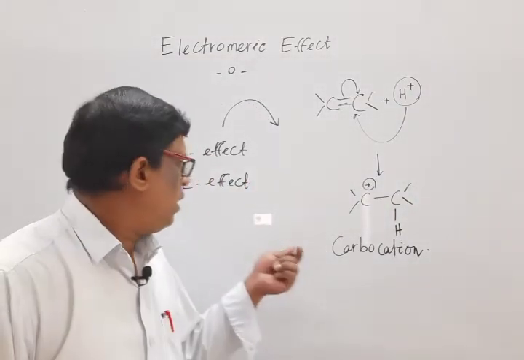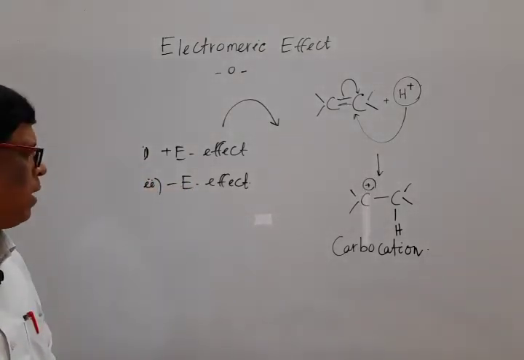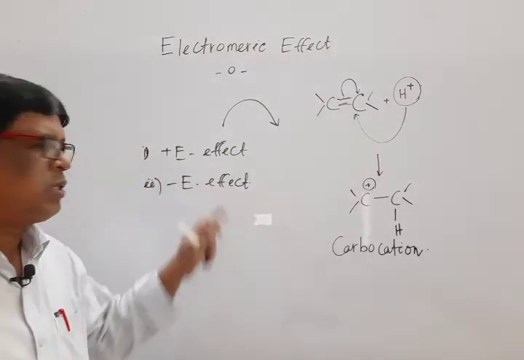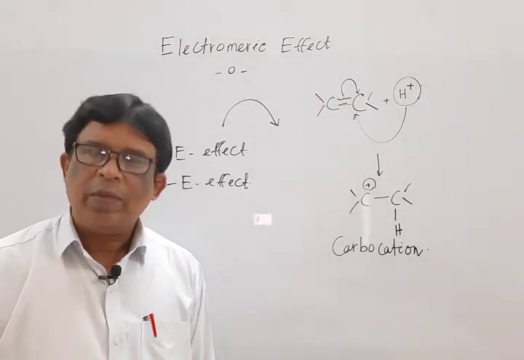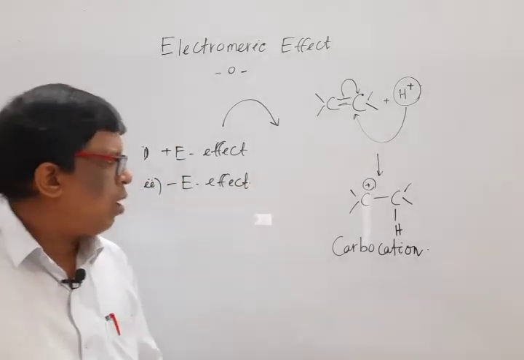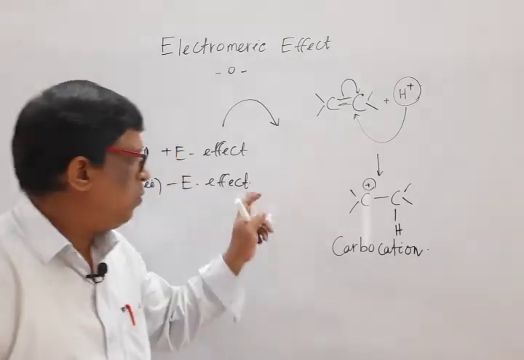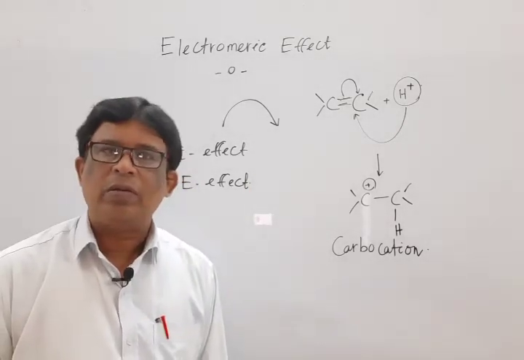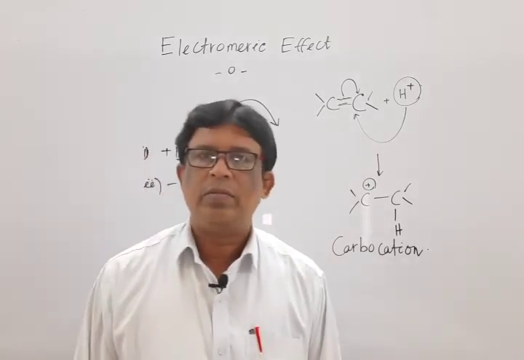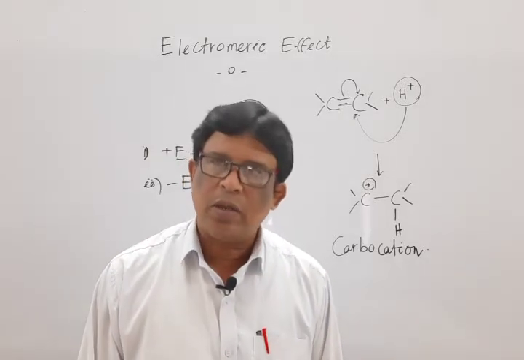Okay, come to the point again. It is of two types: a plus E effect and a minus E effect. First one, what is a plus E effect? That means when, by the approach of an attacking reagent, the pi electron cloud of the multiple bond is transferred to the carbon atom to which the attacking reagent attacks, then it is known as plus E effect.